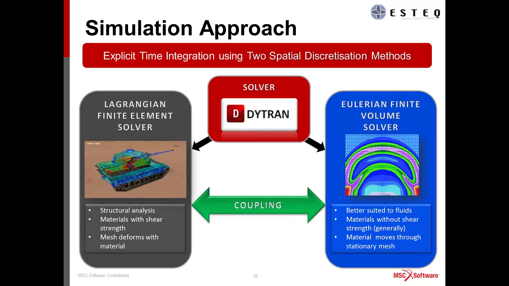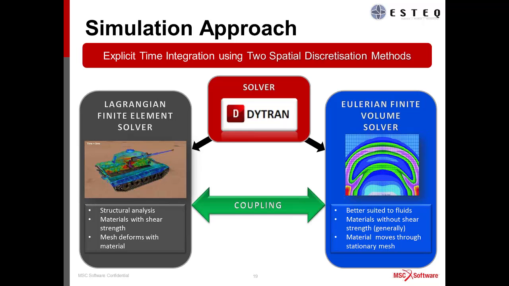Typically you solve your vehicle model using the finite element approach, and the blast will be modeled using the finite volume discretization method. One of the points that I think is prudent to point out with regard to Dytran is its coupling mechanism. It's really robust and easy to set up relative to other codes that I've been exposed to.